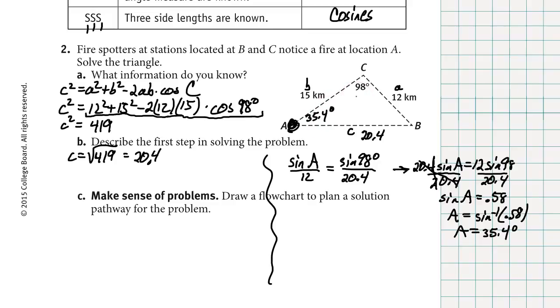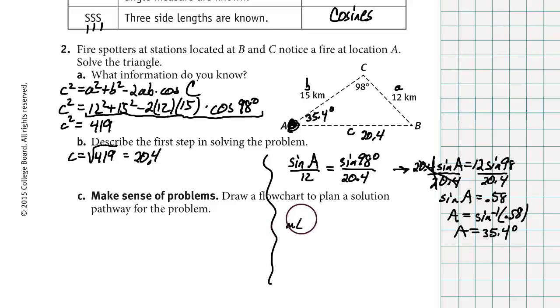We're almost done solving the triangle. There's only one letter left that we need to figure out, and that's angle B. Now there's different ways to find that. We could use the law of sines again, but focus on the letter B. Or faster, we could use the angle sum theorem. All three angles of every triangle add to 180, and we already know two of the angles.